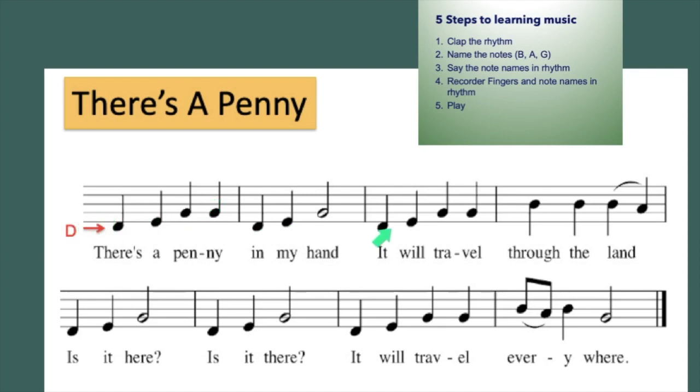Do you notice anything about this? That's the same as the beginning. So I'm going to shade those in. These are the same pattern. Do you see that pattern anywhere else on our song?